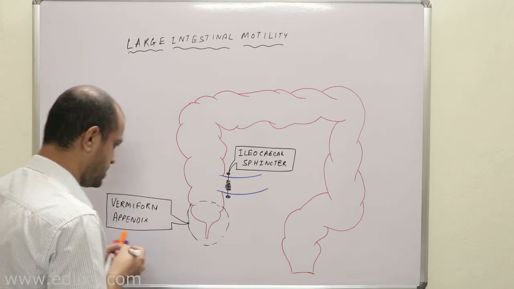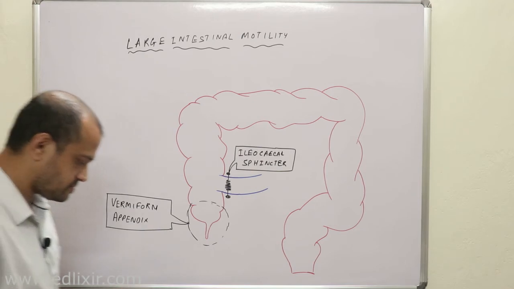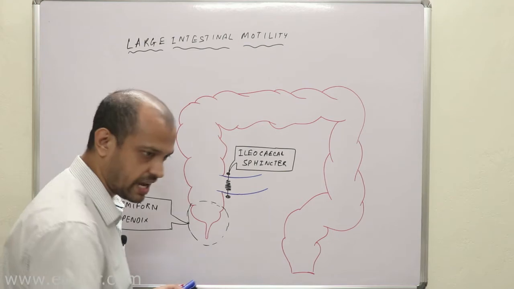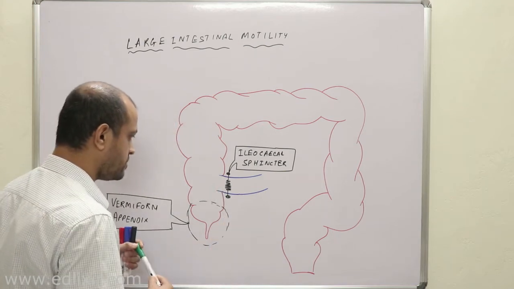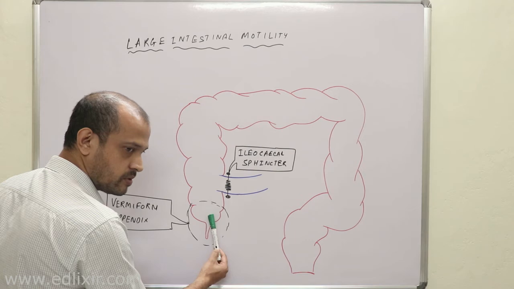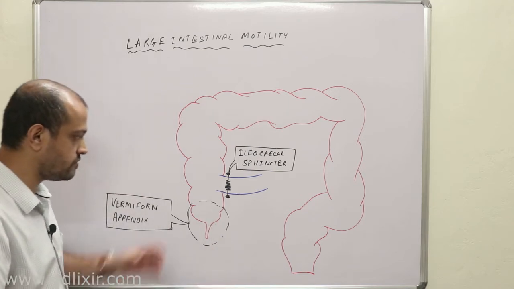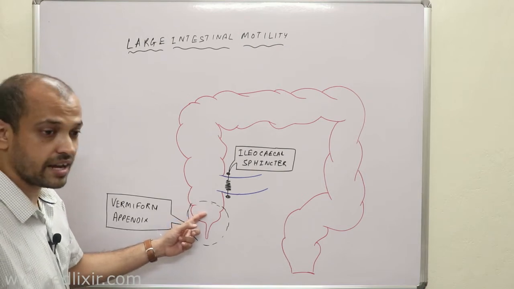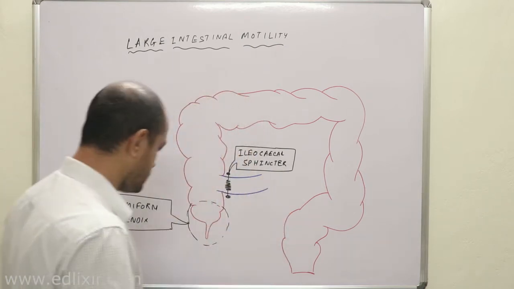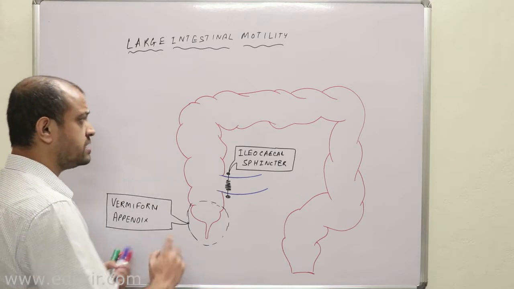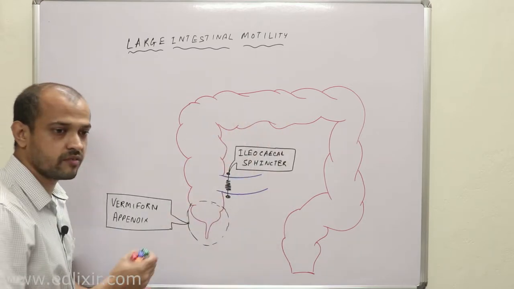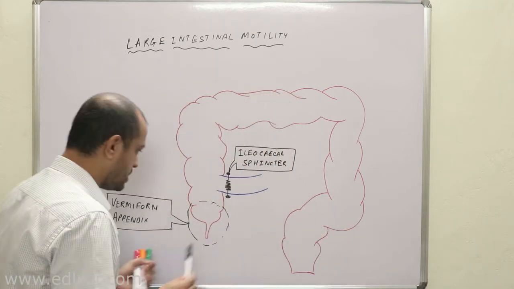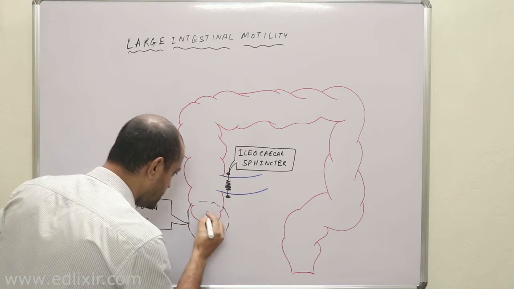Now what happens is that during the entry of food, if some particles enter here, there are some special mechanisms by which food never enters here. If some food particles accidentally enter here and remain there for a long time, then the gastrointestinal system, which is loaded with GIT microbiota or bacteria, will be affected.